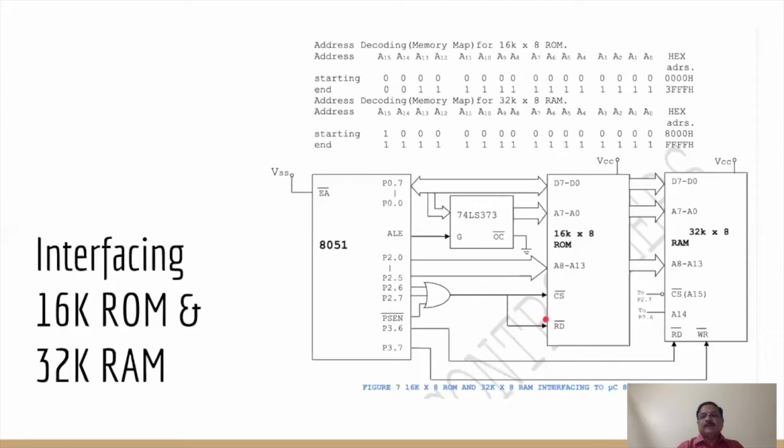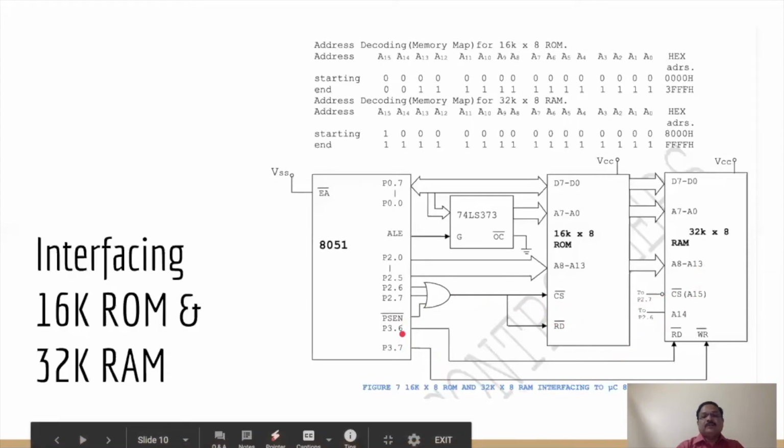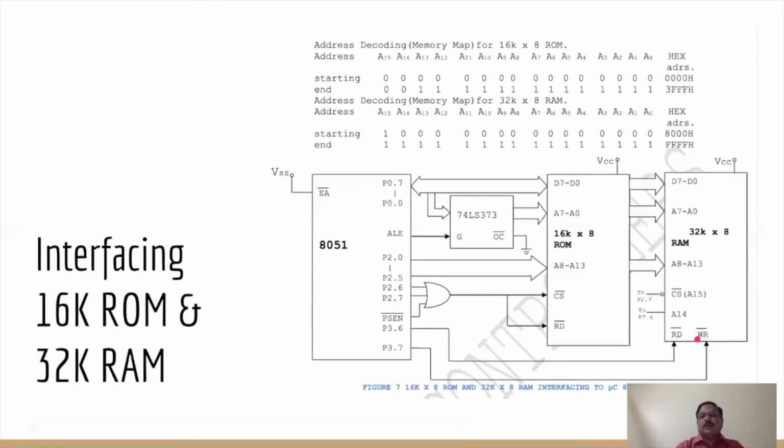You can see for RAM, from P3.6 and P3.7, the read and write signals are used for read-write purpose, right? That is shown here. Now the RAM is 32K. So how many address lines are needed? From A0 to A14, total 15 address lines will be required for 32K, that are shown here.